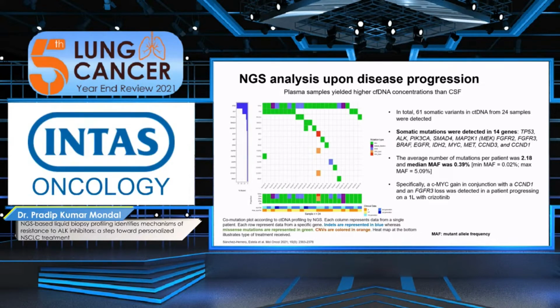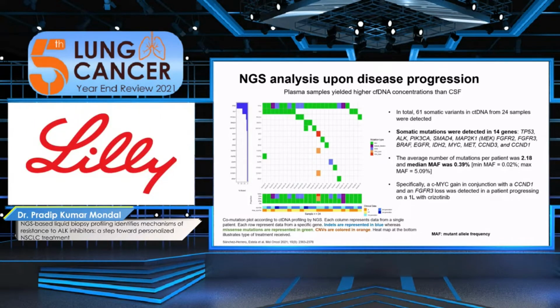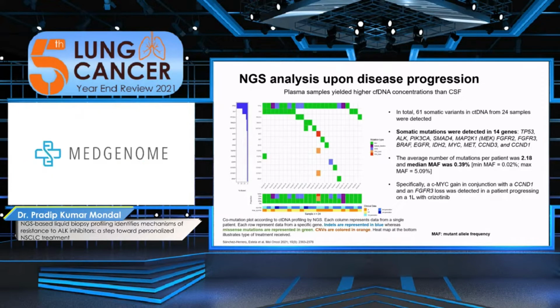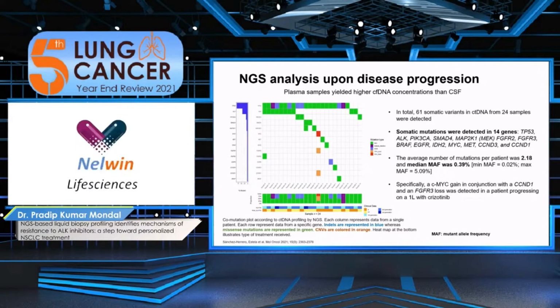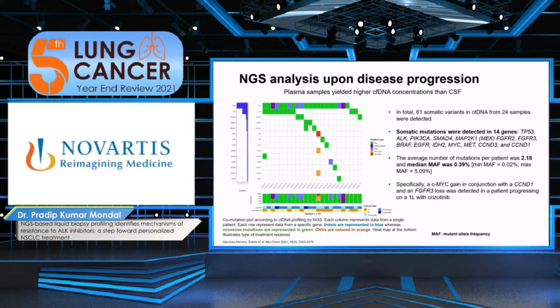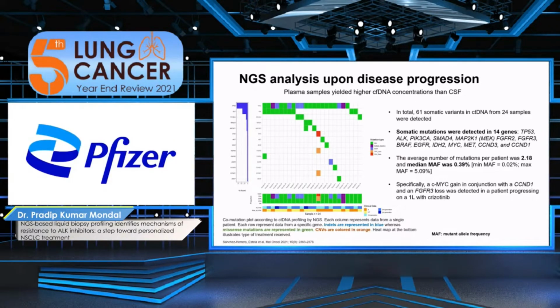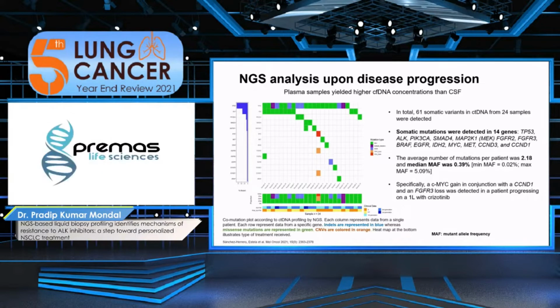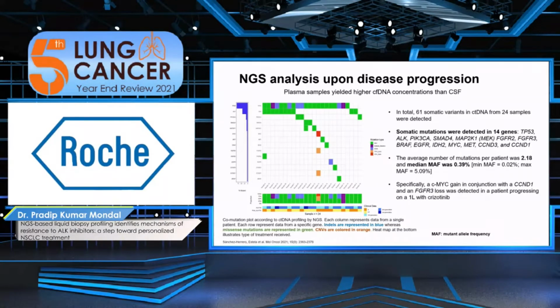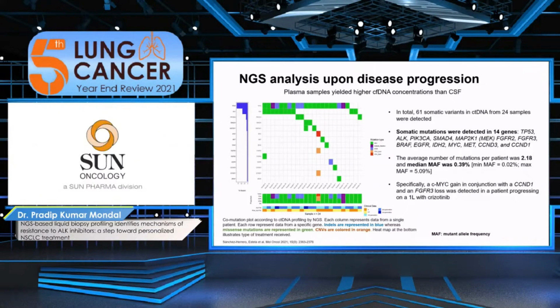The most common were TP53, PIK3CA, SMAD4, MAP2K1, FGFR, FGFR2, FGFR3, BRAF, EGFR, IDH, MYC, MET. So these are the common mutations detected. The average number of mutations per patient was 2.18, and median MAF was 0.39%.